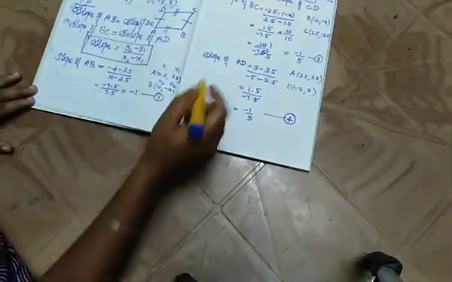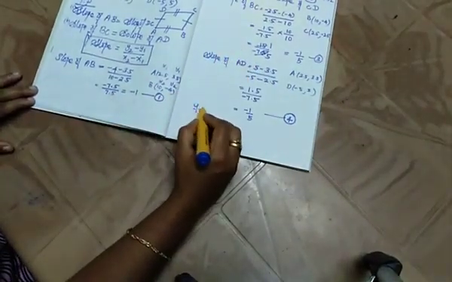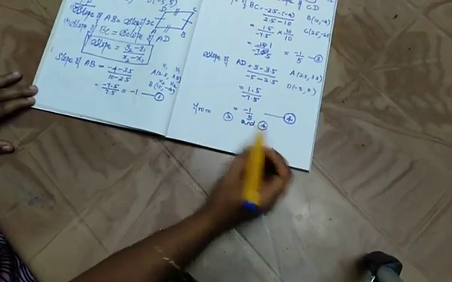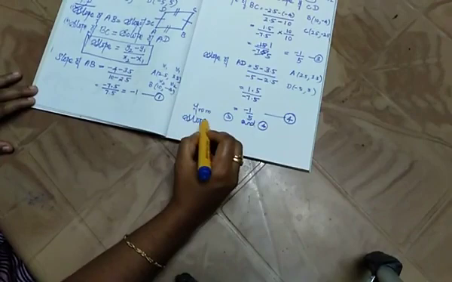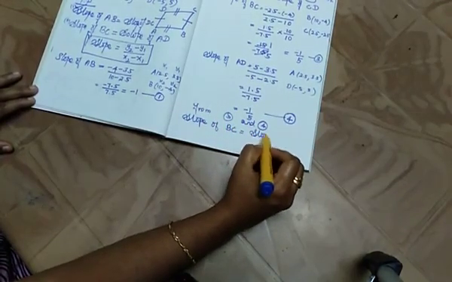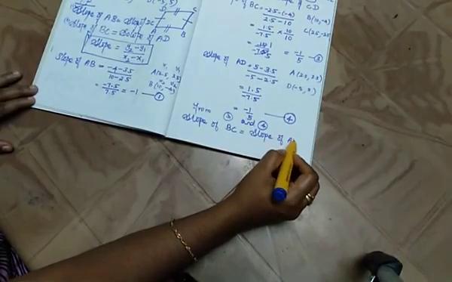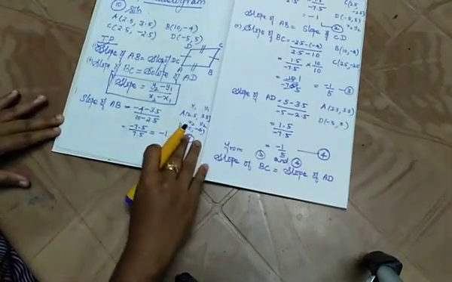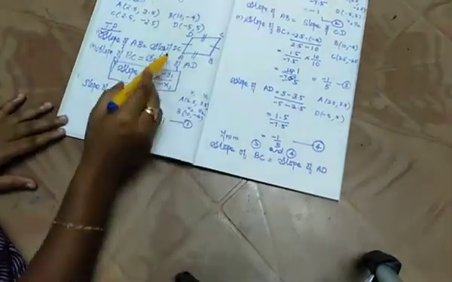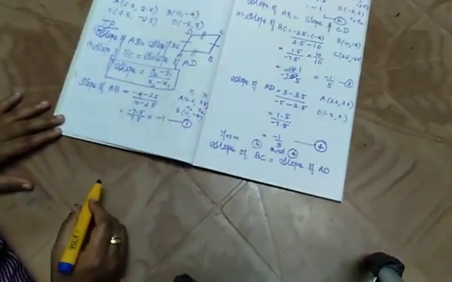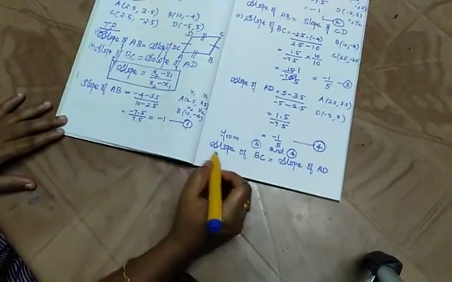So from 3 and 4, the slope of BC is equal to the slope of AD, so the condition has been satisfied. So from 1, 2, 3 and 4: from 1 and 2 the slopes are equal, which means both lines are parallel.